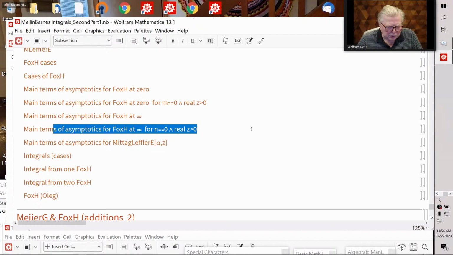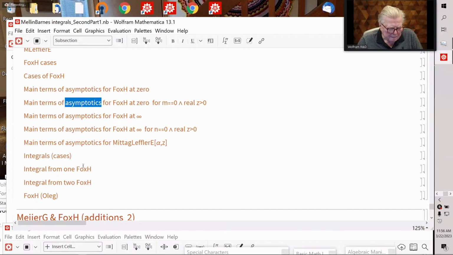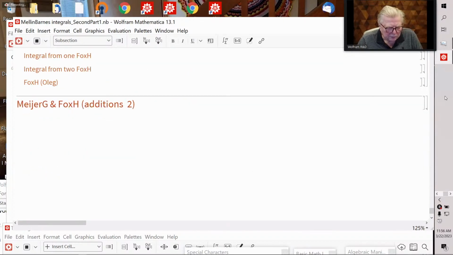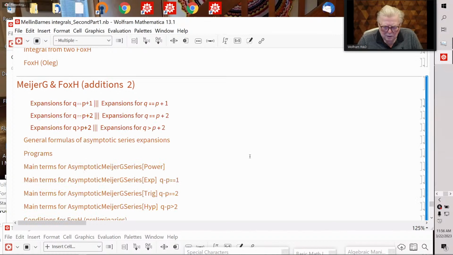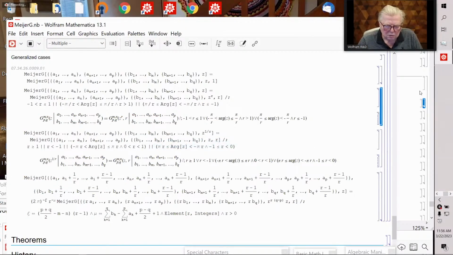Main term asymptotics, main term, for example, here. If you go to the internet, you find an article on the Wolfram Functions site about Meyer G. What is happening?